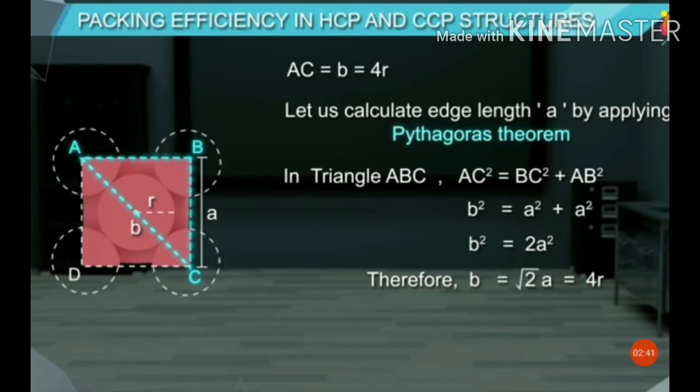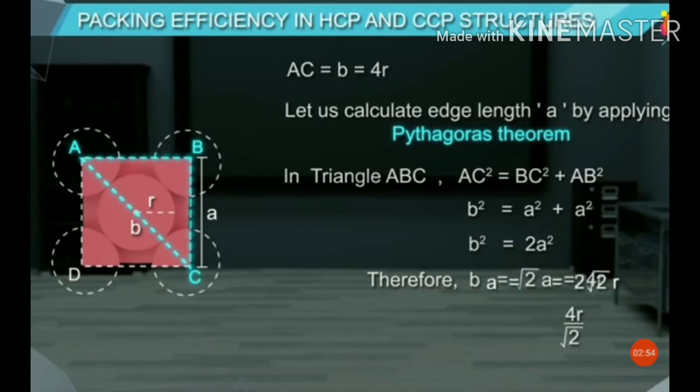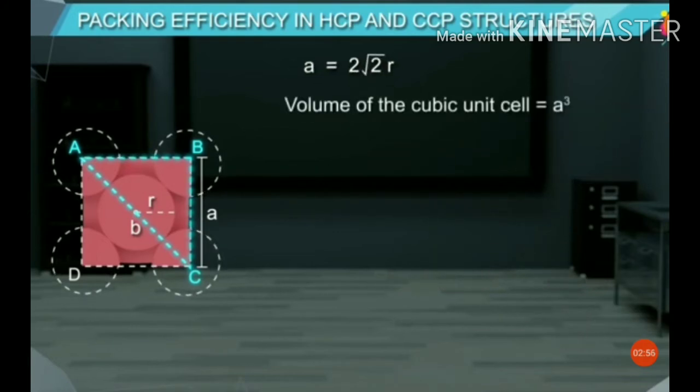Then a is equal to 4r by square root 2, which is equal to 2 square root 2 r. That is, a is equal to 2 square root 2 r. This is an important point. Edge length a is equal to 2 square root 2 r.